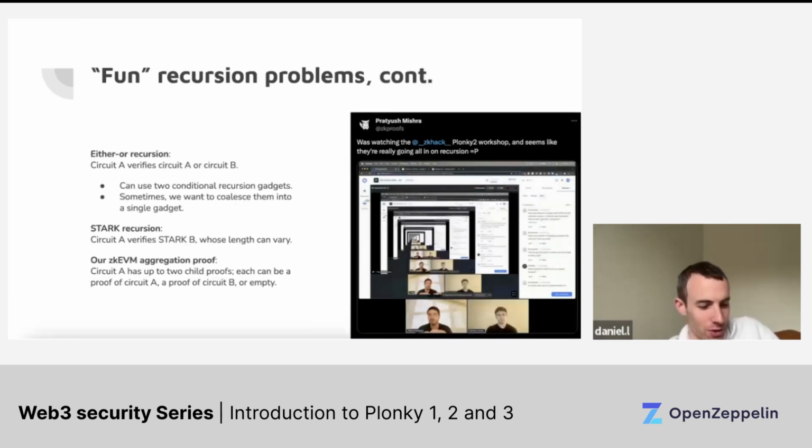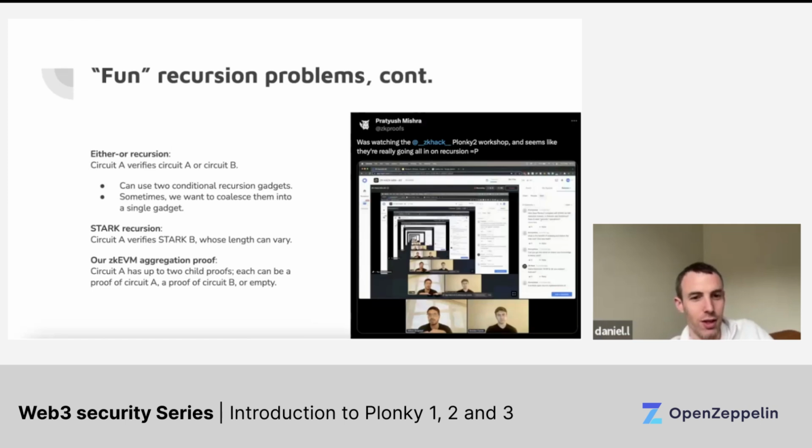But there's also other modes of recursion supported in Plonky2. Another one that comes up sometimes is we have a circuit that wants to verify either this circuit or another circuit. There's basically two approaches to this.